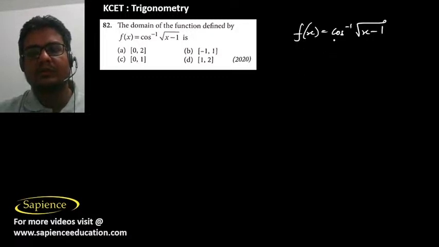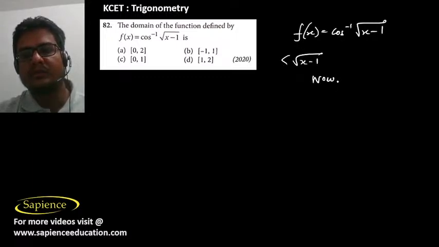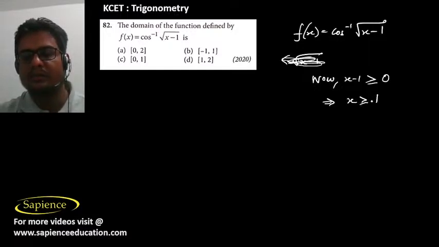Now cos⁻¹ of root over (x − 1) should be greater than or equal to 0 also. So x − 1 is under the root, so root over (x − 1) should be real. x − 1 should be greater than or equal to 0. It means that x should be greater than or equal to 1, obviously.